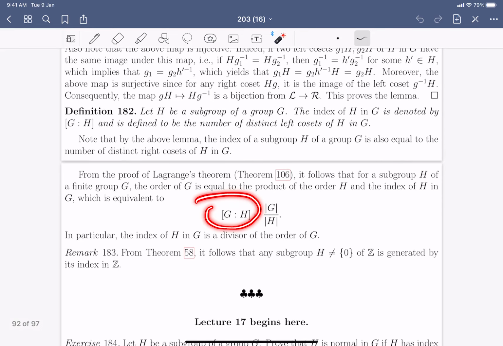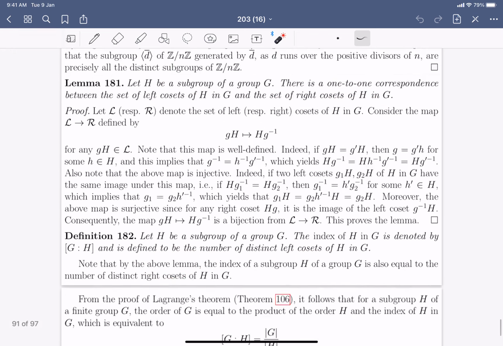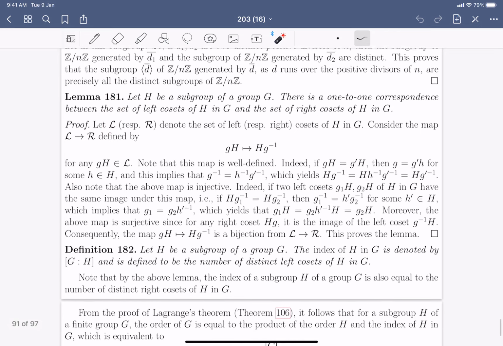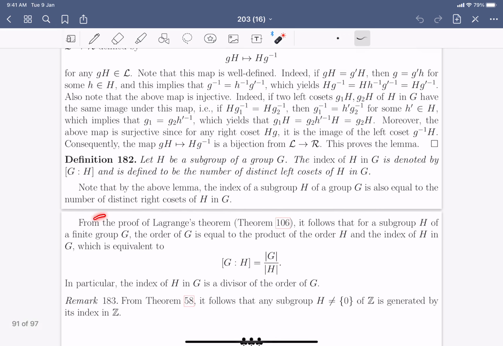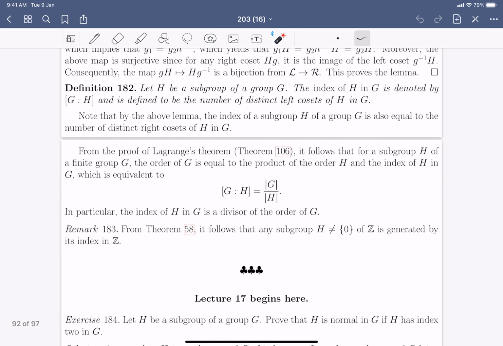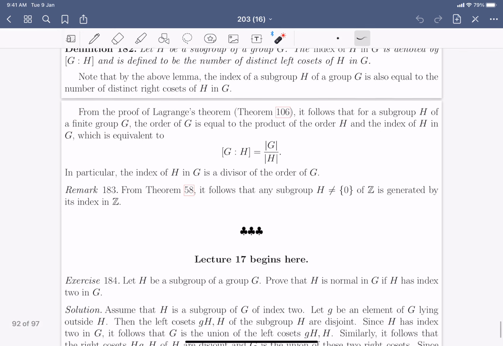So this index multiplied by the order of H is equal to the order of G. This is what we obtained in the course of the proof of Lagrange's theorem, and it followed that this has to be an integer. In other words, the order of a subgroup divides the order of the group when the ambient group G is finite.